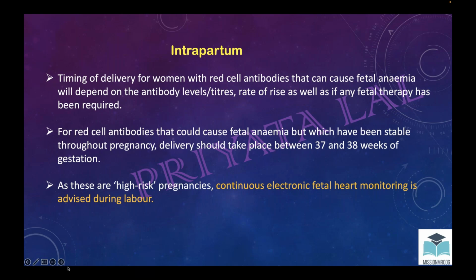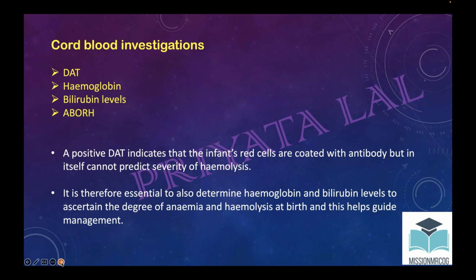Now the baby is born, then yeah, you will get a question from this also. It was even asked in the exam that what are the investigations you are going to do. So the investigations will be direct antiglobulin test, hemoglobin, bilirubin levels, and ABO Rh for the baby, for the neonate.